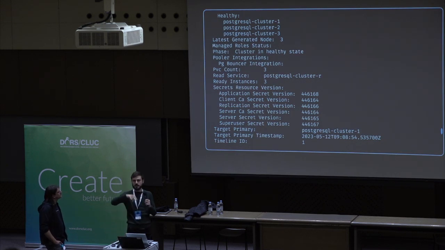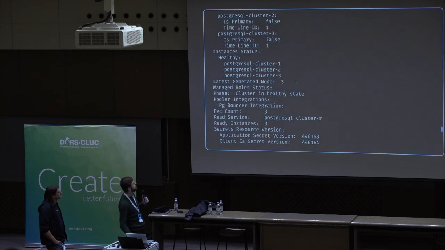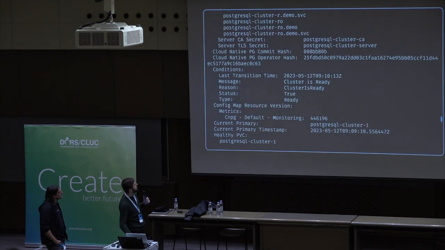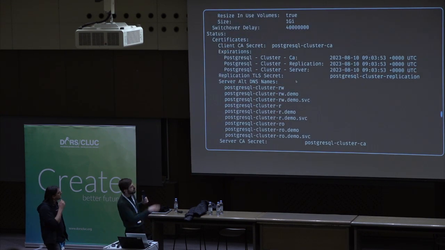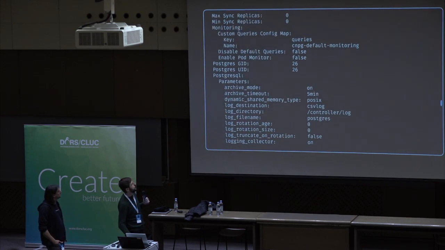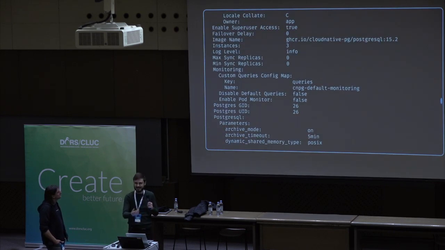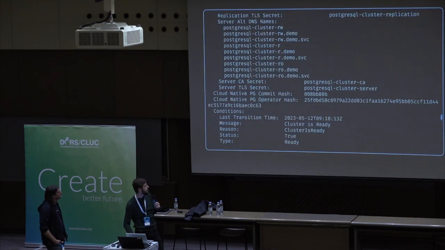It needs to know revisions, versions, replica members, and everything else. So it's healthy. Also, you can see a lot of other stuff, for example, secrets, services, storage, and everything else deployed. A lot of stuff you can see inside the definition.